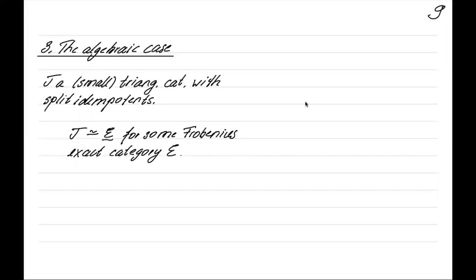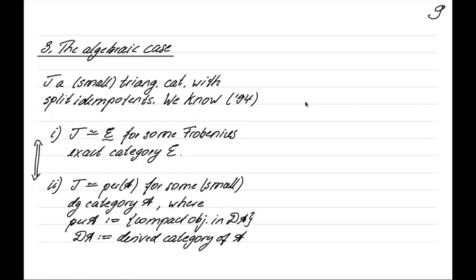And we have known since '94 that this can also be described by saying that it is equivalent to the perfect derived category of some small DG category A, where the perfect derived category is the full subcategory of the whole derived category formed by the compact objects, those whose associated covariant Hom functor commutes with arbitrary coproducts. If this was an algebra, this would be the homotopy category of bounded complexes of finitely generated projective modules.